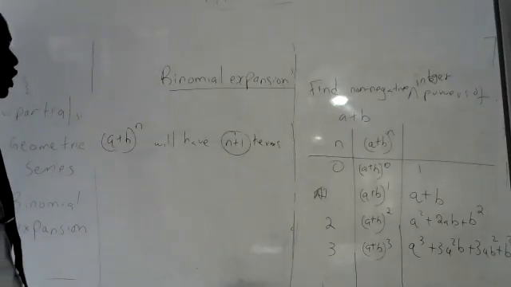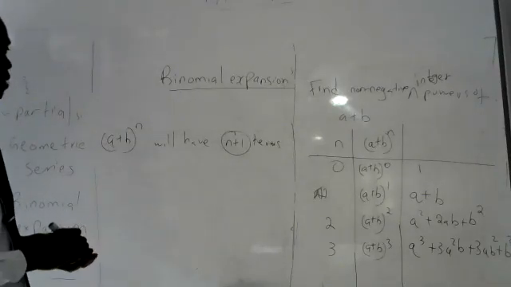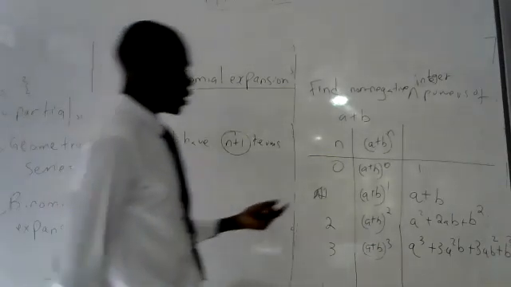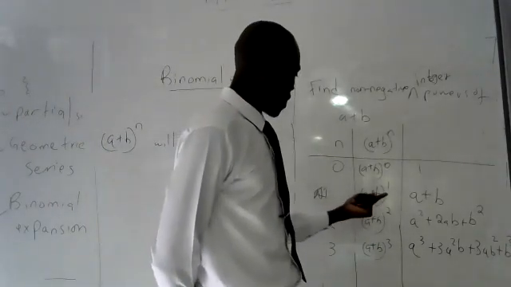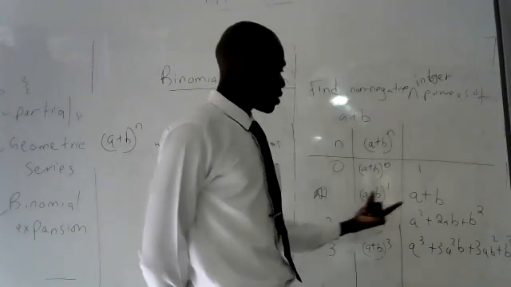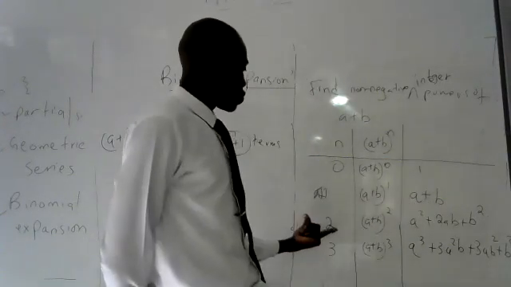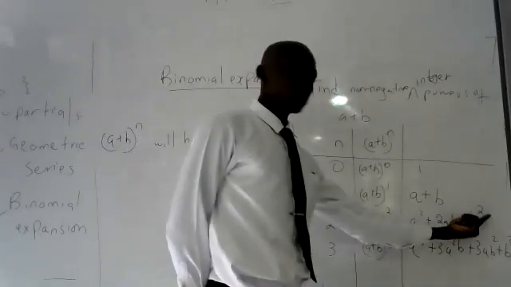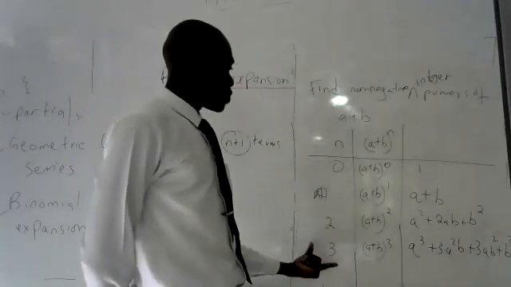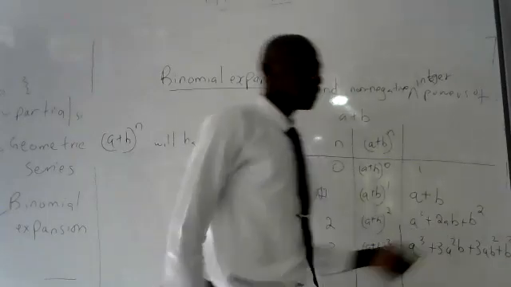The other observation we need to make is about the exponents. Notice that when you have (a + b) raised to 1, the highest exponent is 1. When you have it raised to 2, the highest exponent is 2. When raised to 3, the highest exponent is 3.